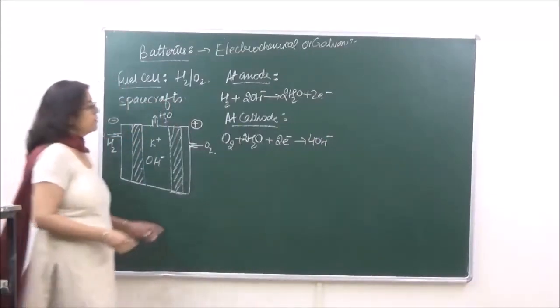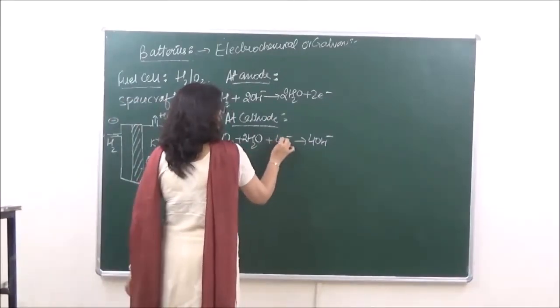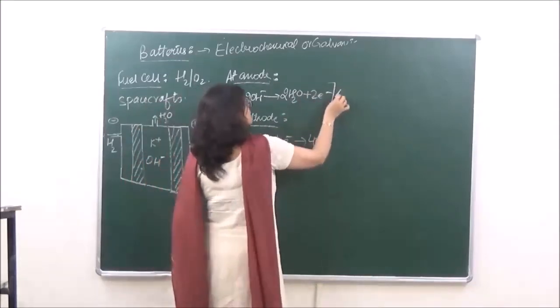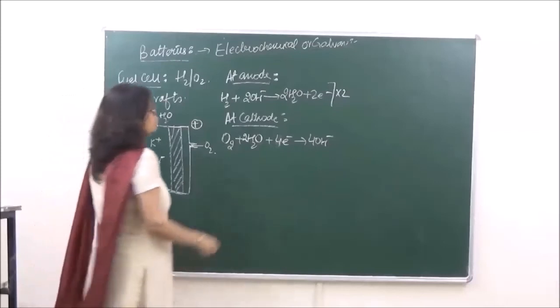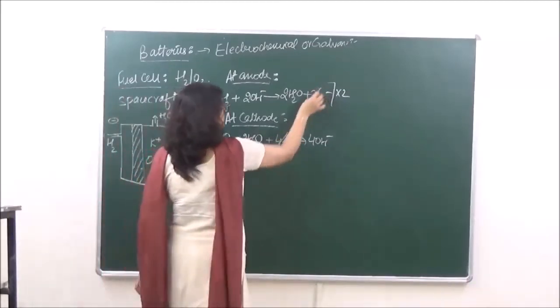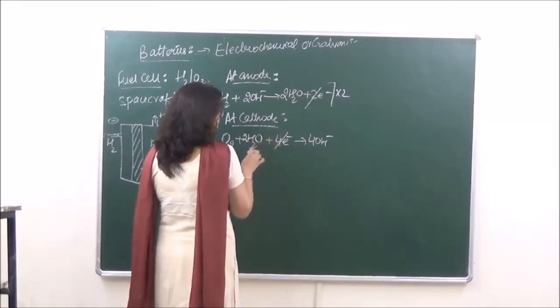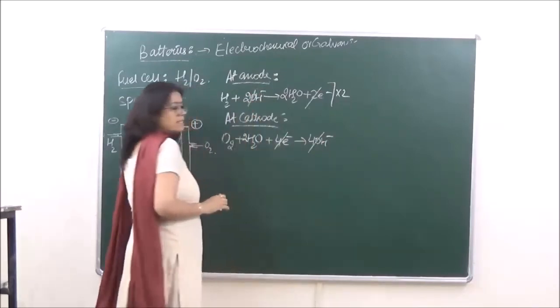Okay, so over here, because we are making 4OH negative, this side also 4 electron exchange is going to take place. To balance the number of electrons, we multiply the above equation by 2. Okay, so over here, this and this get cancelled out, and this 4OH and this also get cancelled out.